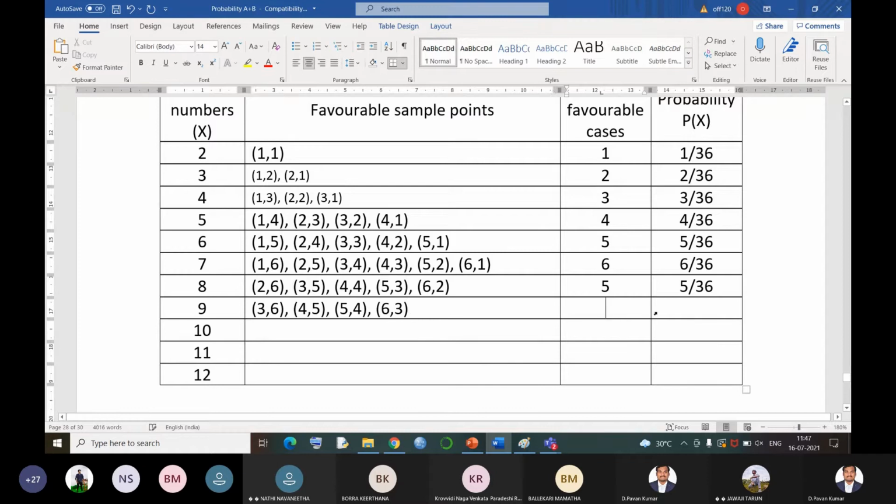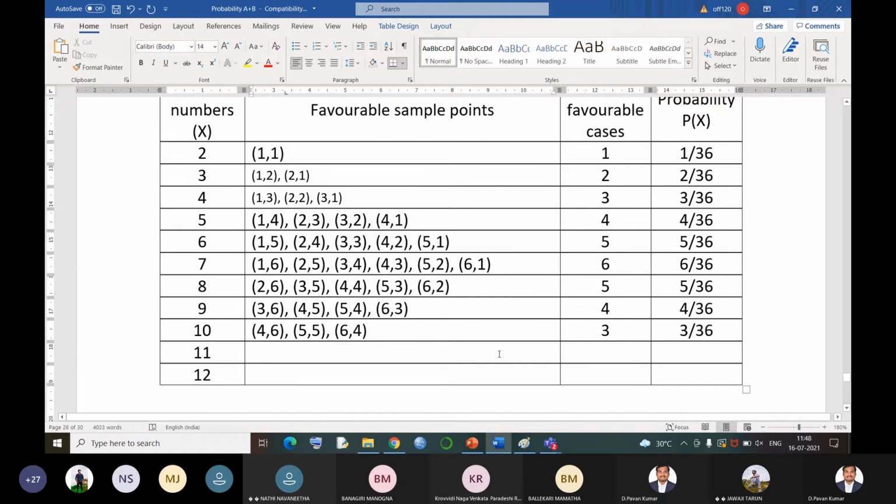Now we have only 4 favorable number of cases, so the probability is 4 by 36. Next, the sum is 10. We have the combinations of 4 comma 6, 5 comma 5, 6 comma 4. Only 3 combinations. So it is 3 by 36.